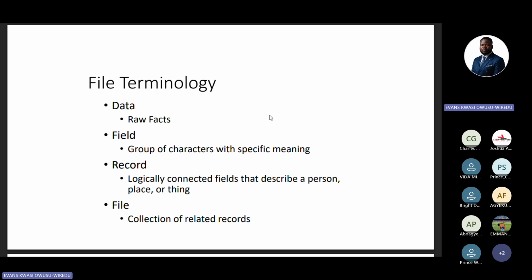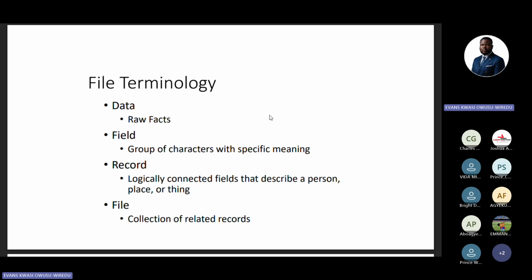And then when you have a collection of records, what is it called? When you have all of them put together, named and grouped again, it is now called a file. So this is the file that you have on your machine. You get it now? After you collect the names, their ages and everything, the various records, you save it in a container called a file, right?